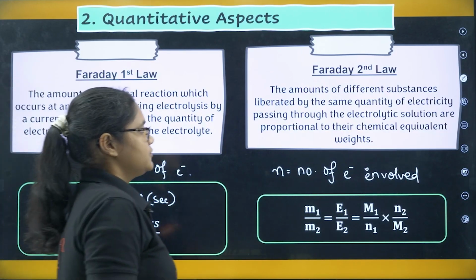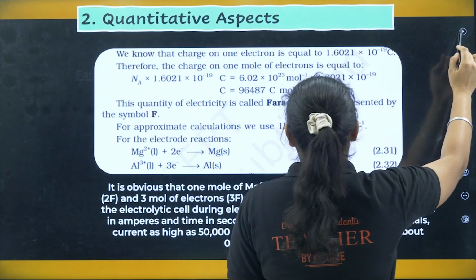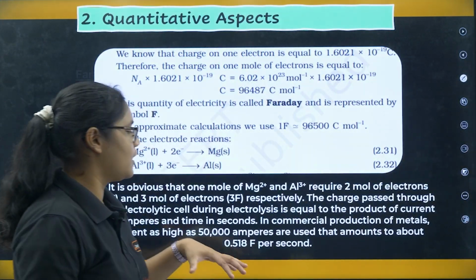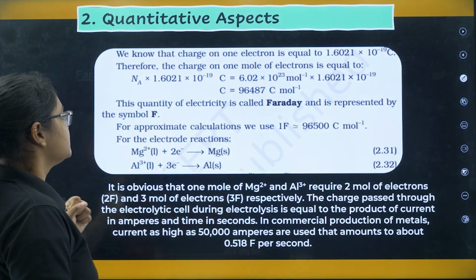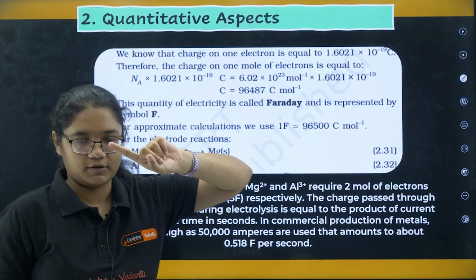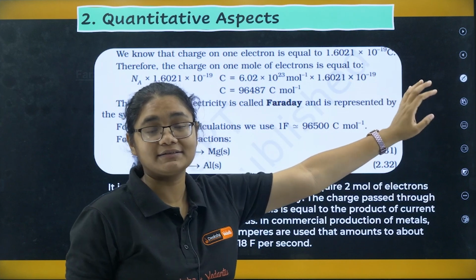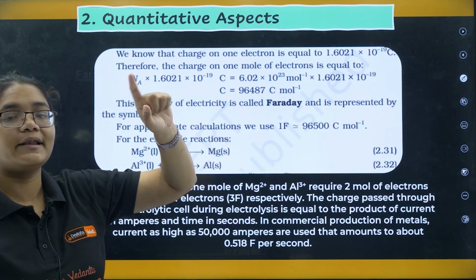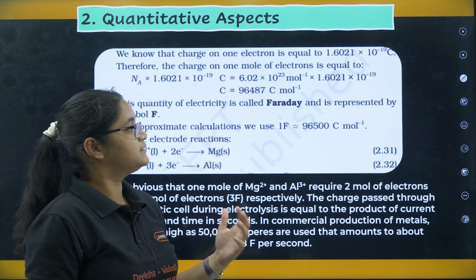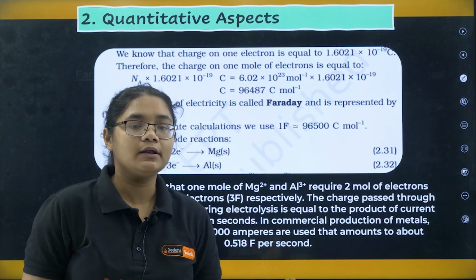So we are done with Faraday's first law and second law. Now we will learn something about charge. The charge of 1 electron is 1.6 into 10 to the power of minus 19 coulomb.